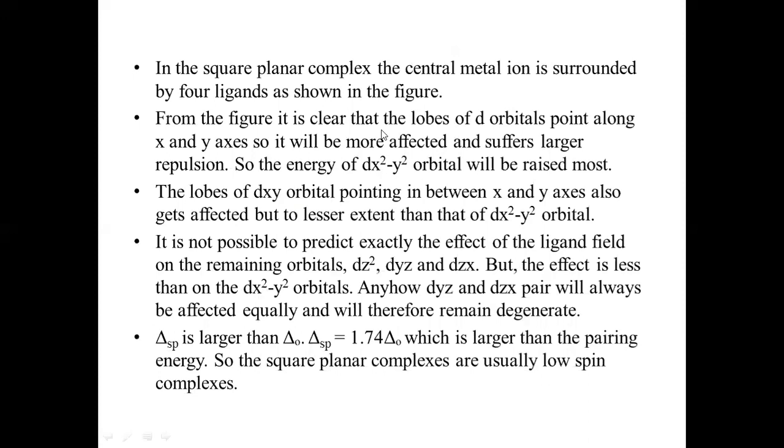So in this slide, we are seeing that the square planar complex central metal ion is surrounded by 4 ligands, as shown in the figure. From the figure it is clear that the lobes of d orbitals point along the xy axis, so they will be more affected and suffer larger repulsion.